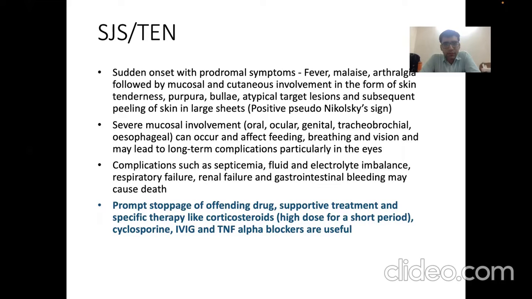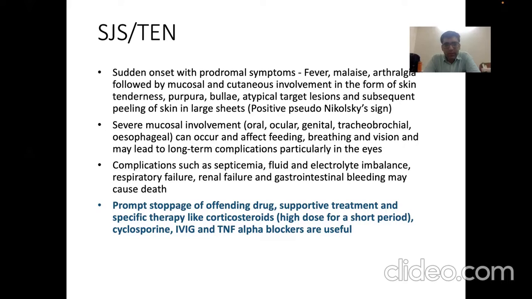Severe mucosal involvement, oral, ocular, genital, tracheobronchial, esophageal can occur and affect feeding, breathing, and vision, and may lead to long-term complications, particularly in the eyes. Complications such as septicemia, fluid and electrolyte imbalance, respiratory failure, renal failure, and GI bleeding can occur, and this can cause death.